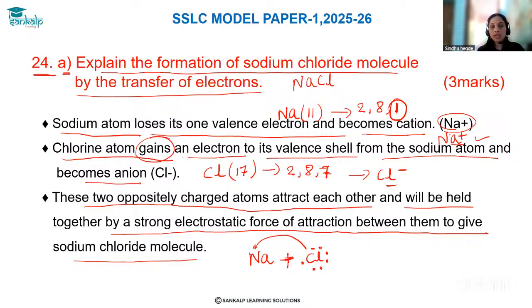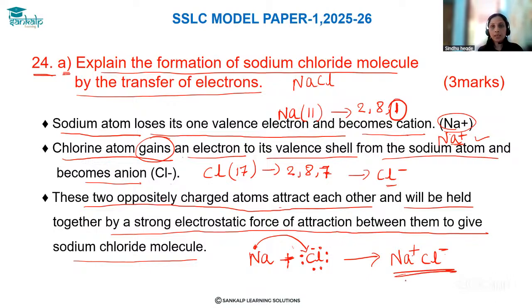So the one electron donated by sodium comes and adds to chlorine. So finally this becomes Na plus and Cl minus. Here plus and minus are opposite charges. They attract each other and form sodium chloride.